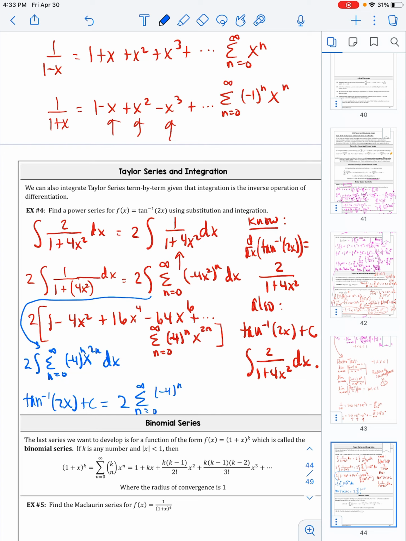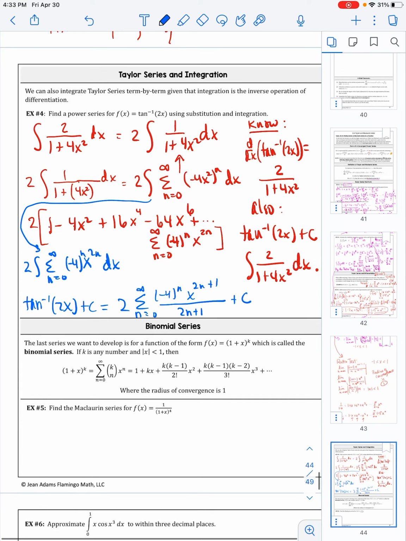And so our inverse tangent of 2x plus c is equivalent to 2 times the summation from n equals 0 to infinity, negative 4 to the n times x to the 2n plus 1 over 2n plus 1 plus c. Well, those c's are going to cancel.